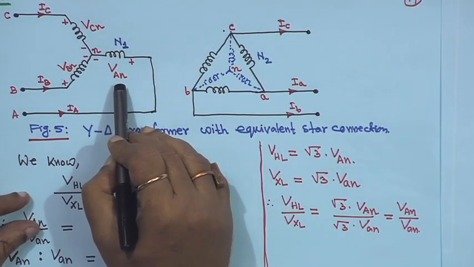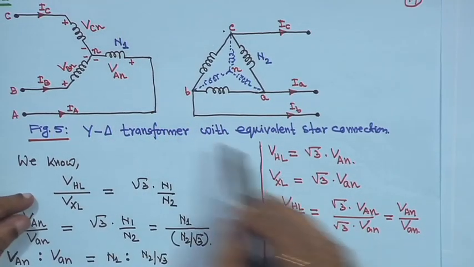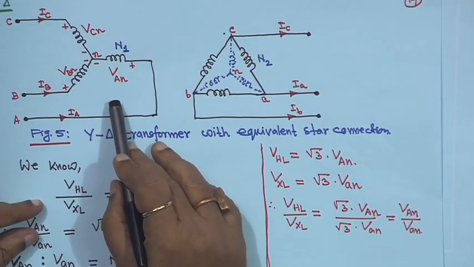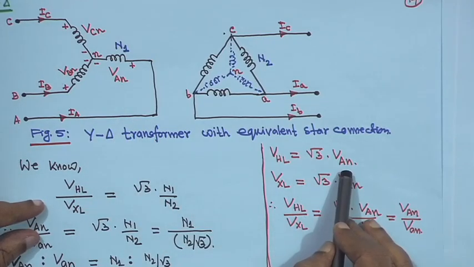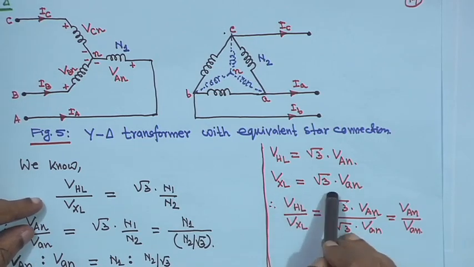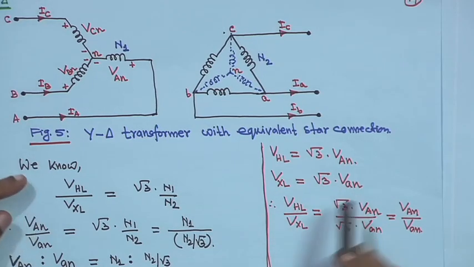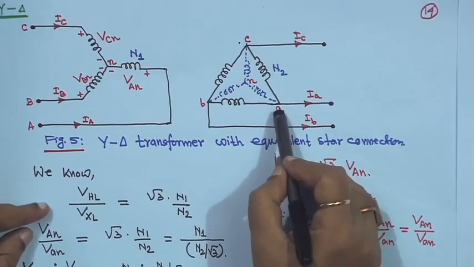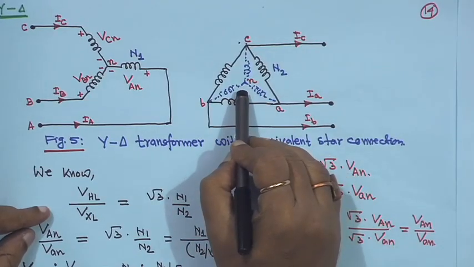The high voltage side is the star side, so it is root 3 Van, and V low voltage side line voltage is equal to root 3 into van, right. That means this van is actually the equivalent star.